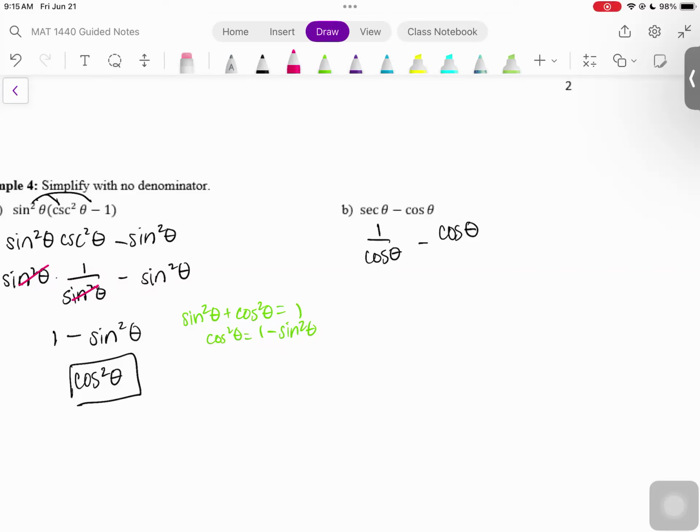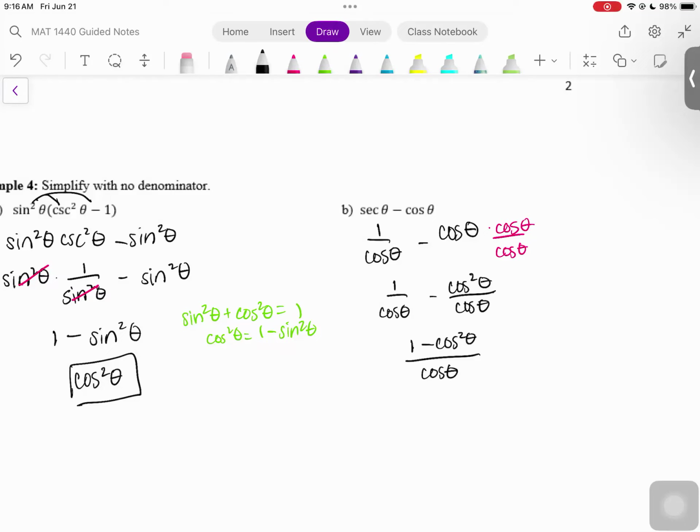So our term cosine theta, we're going to multiply by cosine theta over cosine theta. So we have 1 over cosine theta minus cosine squared theta over cosine theta. And now we're going to combine our two fractions since they have the same denominator now. We have 1 minus cosine squared theta over cosine theta.